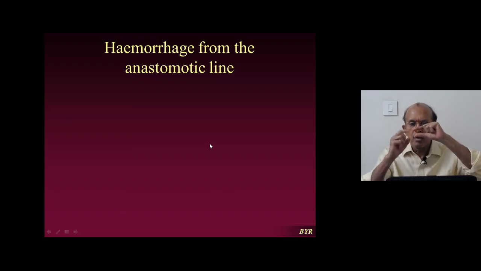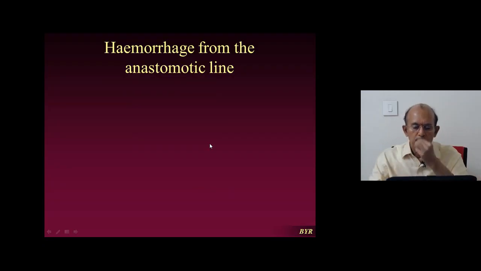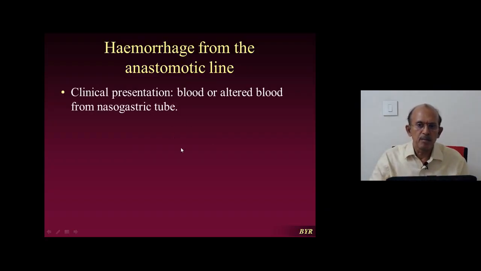You make an opening of jejunum also that much, and then you suture the borders together. Occasionally there may be bleeding from this sutured area. Clinically it manifests as presence of blood or altered blood from the nasogastric tube.